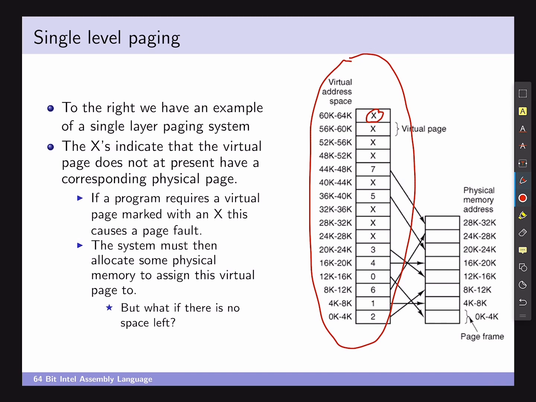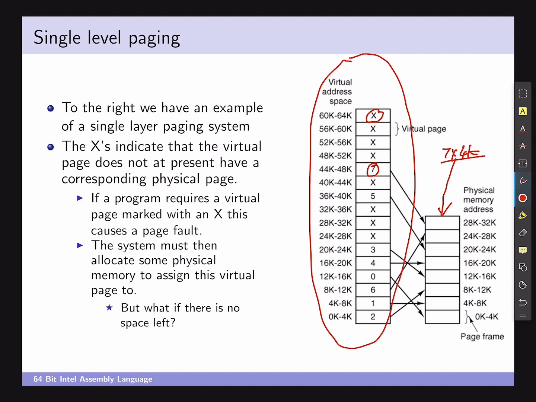Then we have numbers present in some of these pages, and they correspond to the location of that page in physical memory. In this situation, you see that we have the index 7, and that would imply that it is at location 7 times 4K inside the physical address space. So that would correspond to this 28K to 32K location.